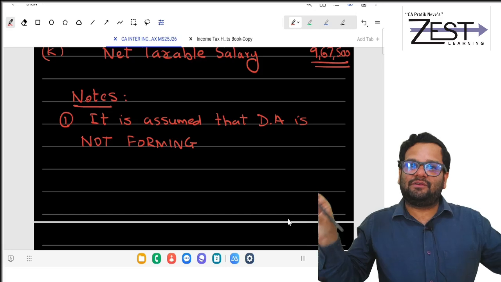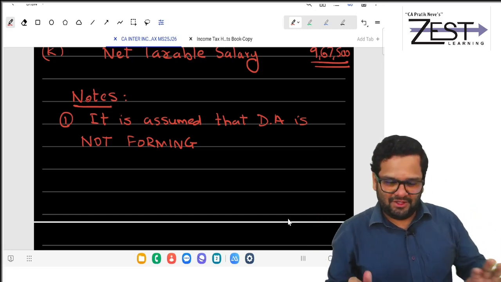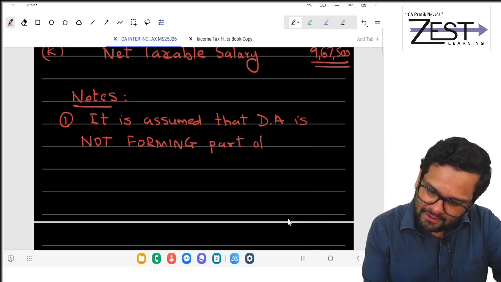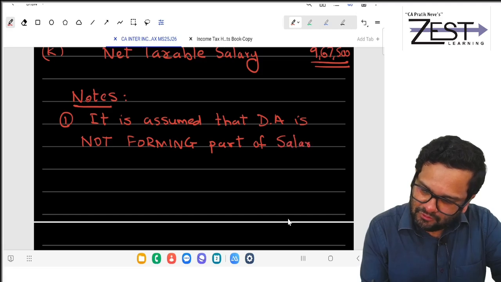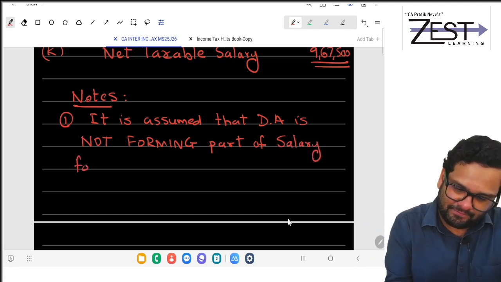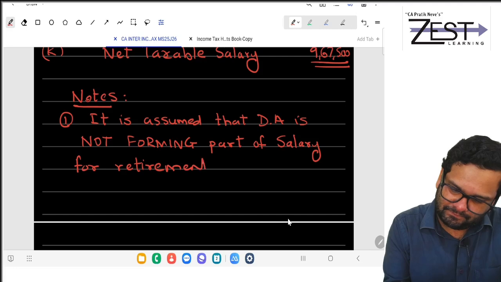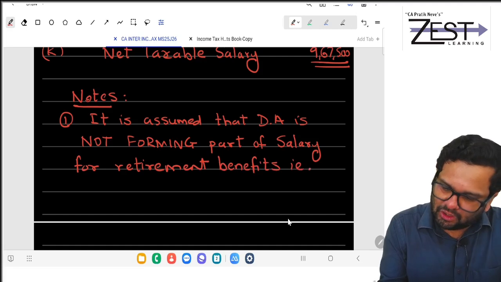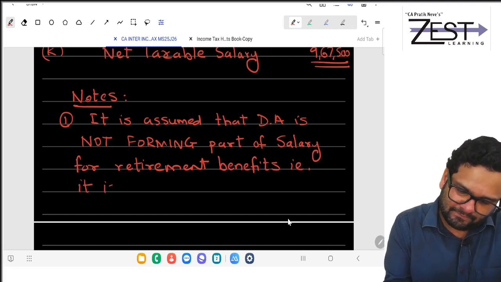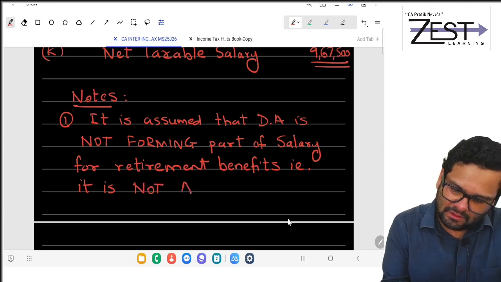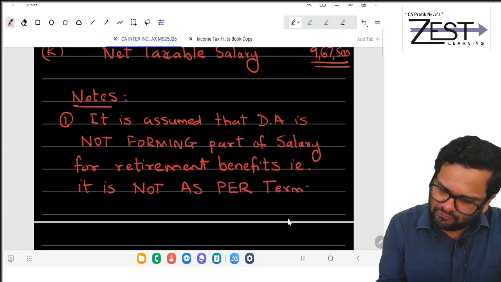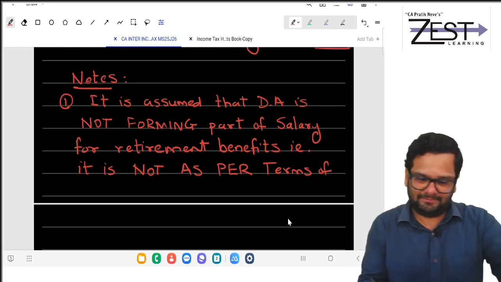Make assumptions wherever required. So it is assumed that DA is not forming part of salary for retirement benefits. That is, it is not as per terms of employment.